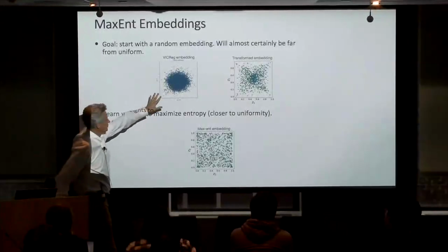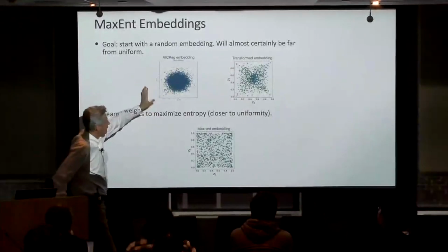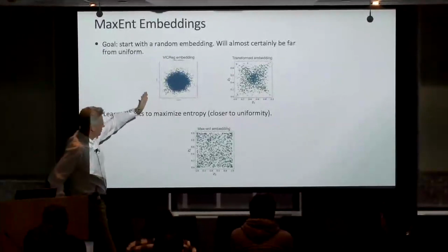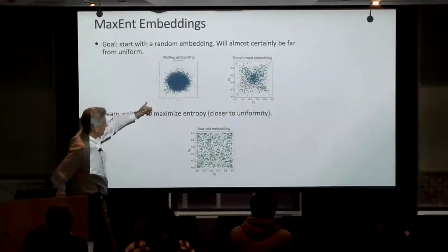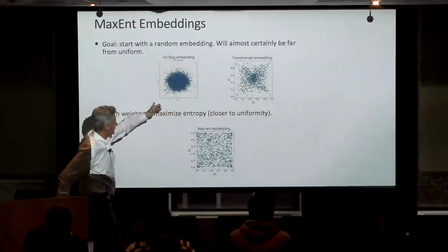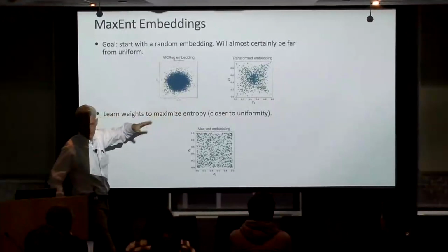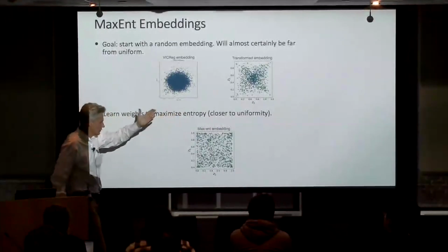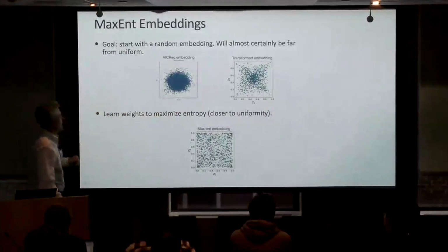You can do a simple trick. We were evaluating things on compact spaces, and VICReg wasn't really compact, so we did a nonlinear transformation of the marginals to make them uniform, to make it a more fair comparison. But even after you do that, you still don't get a uniform distribution.